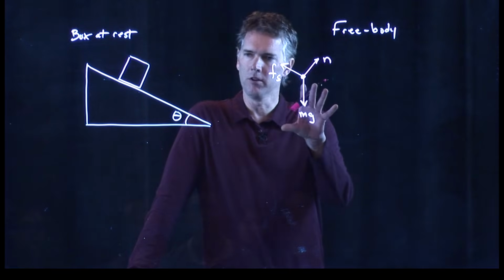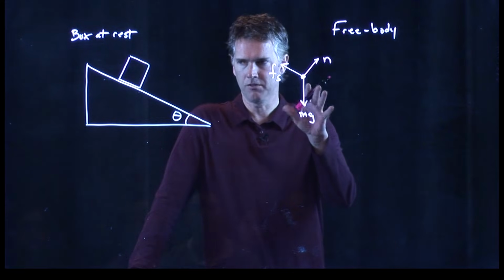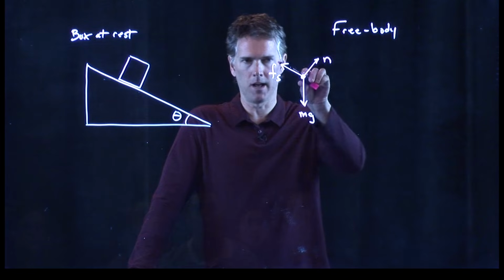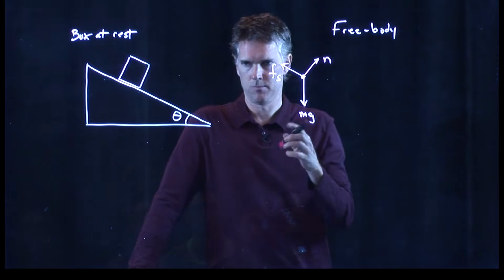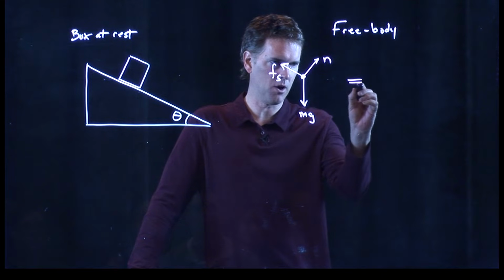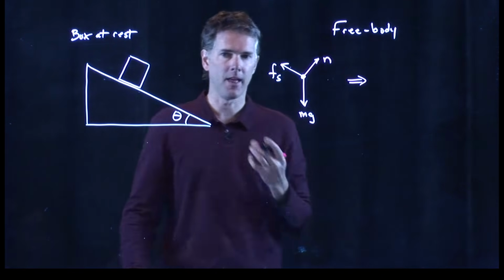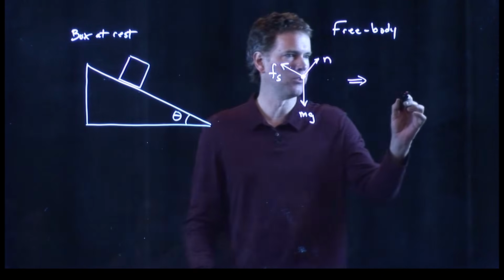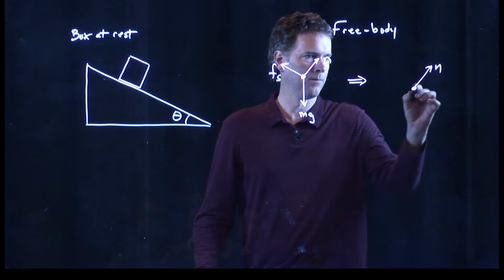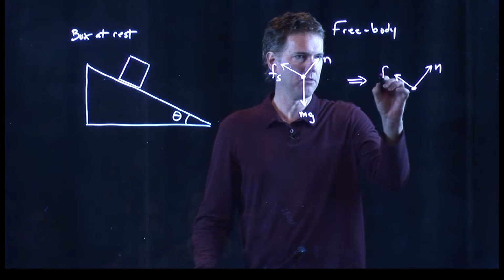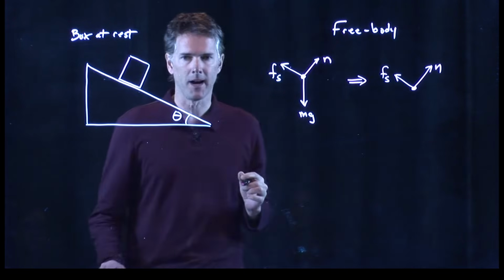Now, this looks nice, except these things are not all at right angles to each other. And that's the problem, right? We would like to redraw this such that they are all at right angles to each other. So normal force, F sub s, those are at right angles to each other.